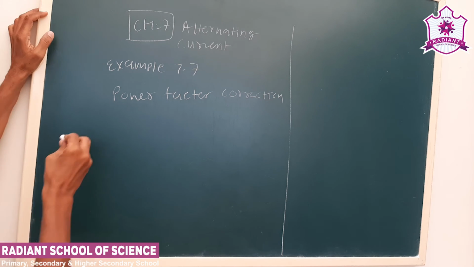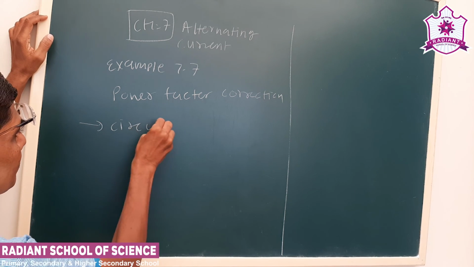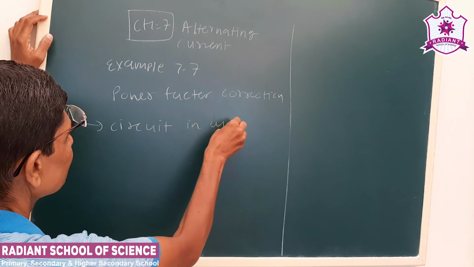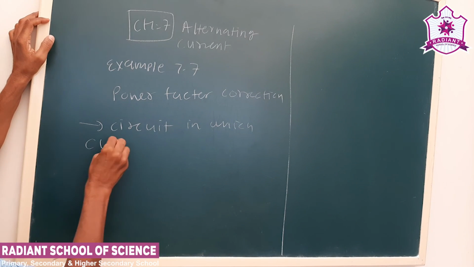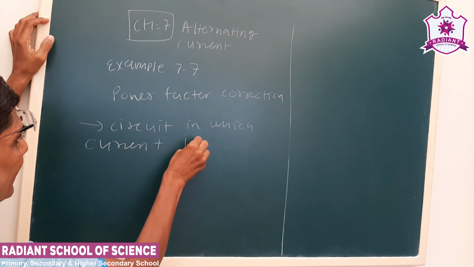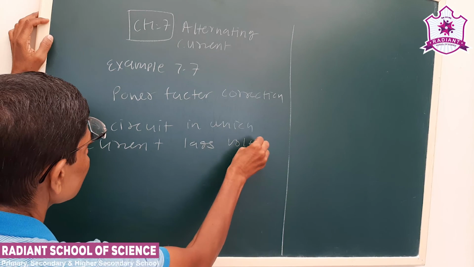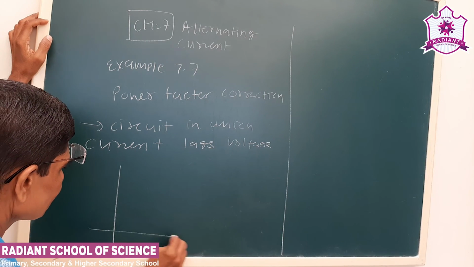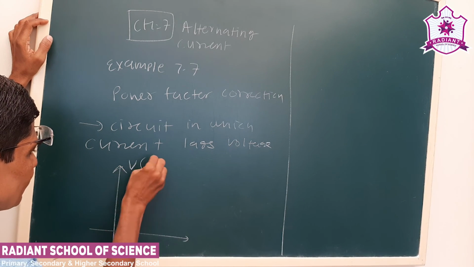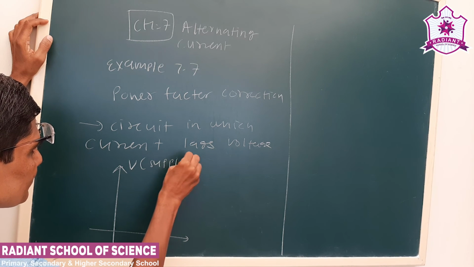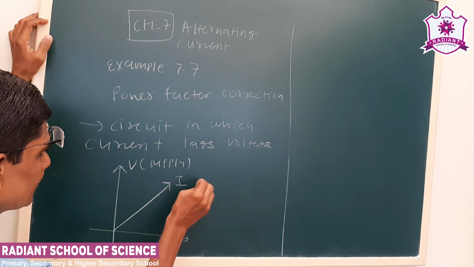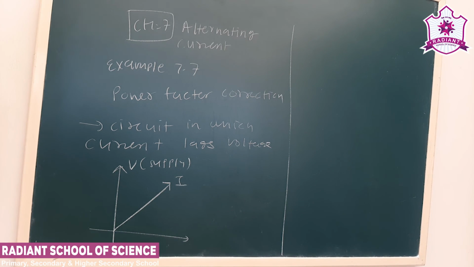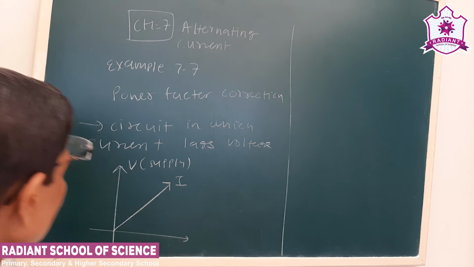Suppose we are given a circuit in which current lags voltage. For example, let us say V is the supply voltage and I is the current. What we can see, the current lags the voltage, the current is behind the voltage. Now let us say the angle is phi.